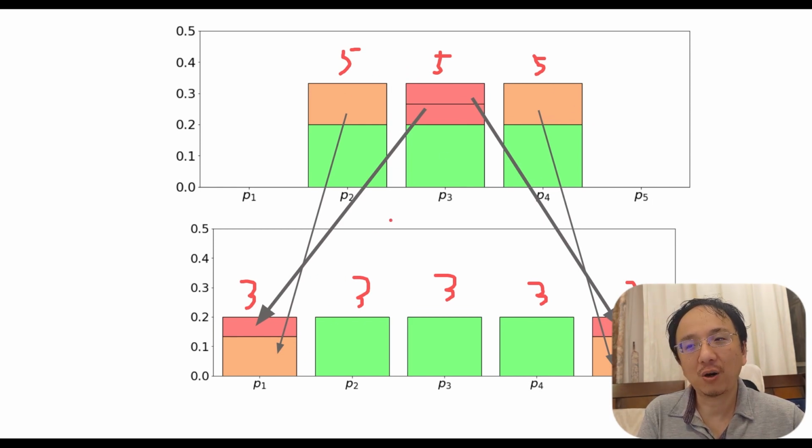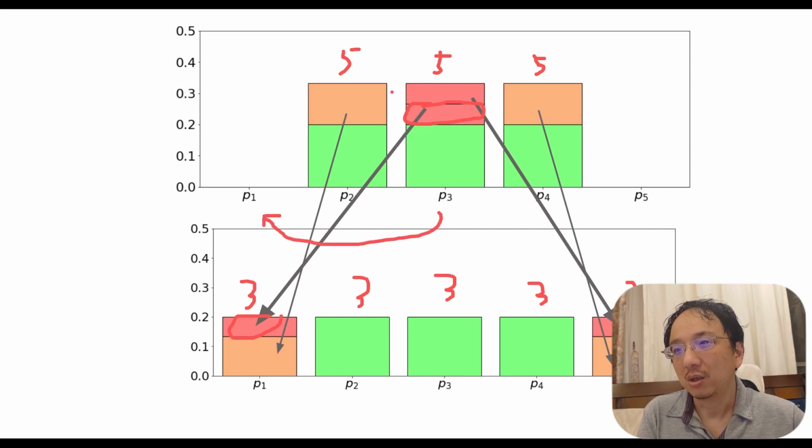So first of all, how do we actually measure the cost or the effort to move a box? We measure it in this way. You can see that if we move this box to this place, it moves 2 positions. So the cost is 2 because we move it by 2 positions.